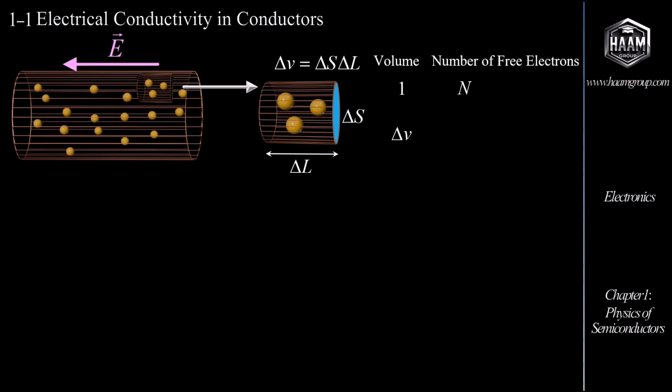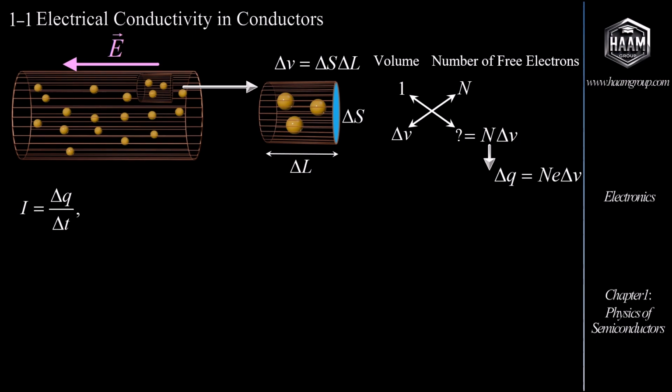Within the selected volume ΔV, the number of free charges is n ΔV. Since each of these charges carries the elementary charge e, the charge ΔQ equals n e ΔV.